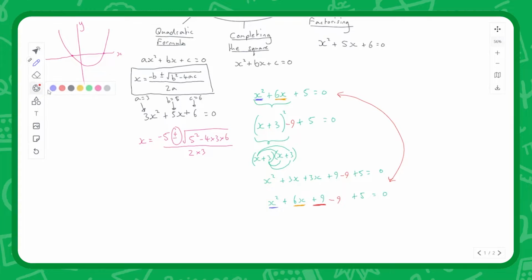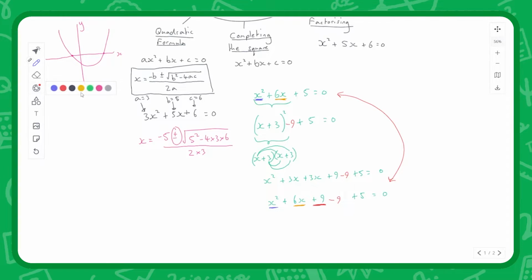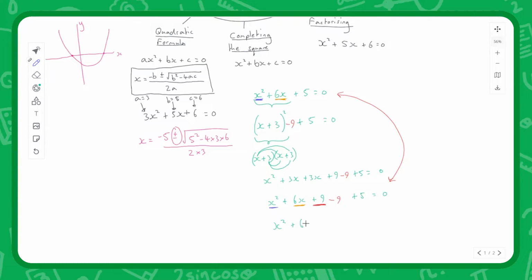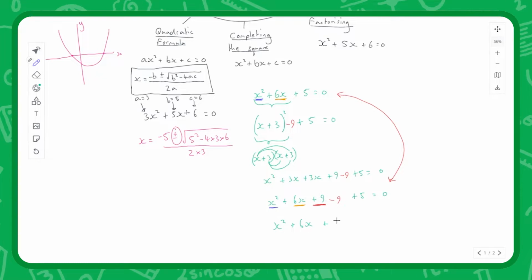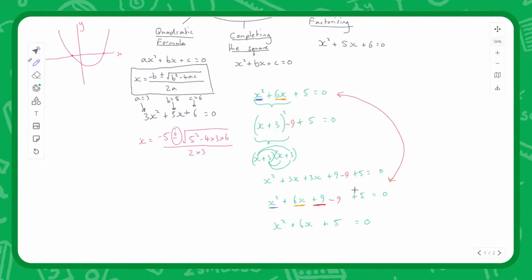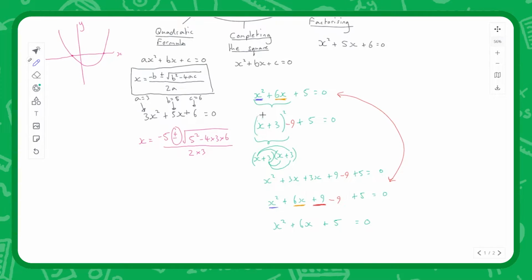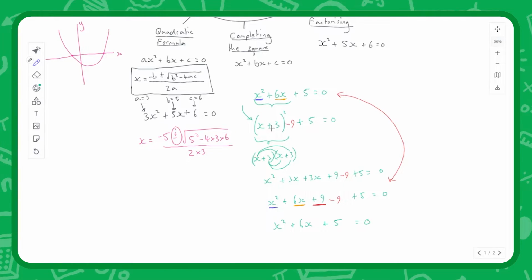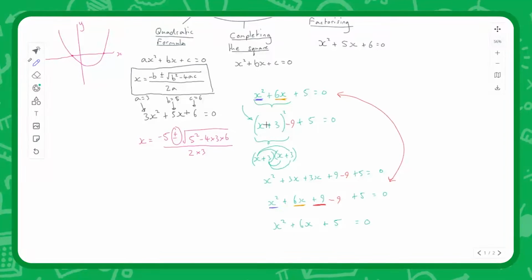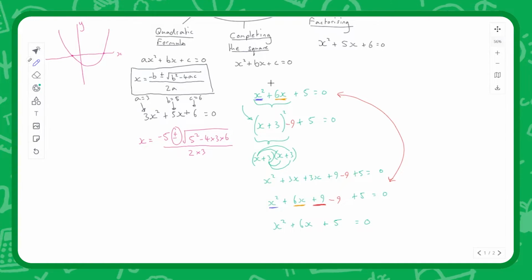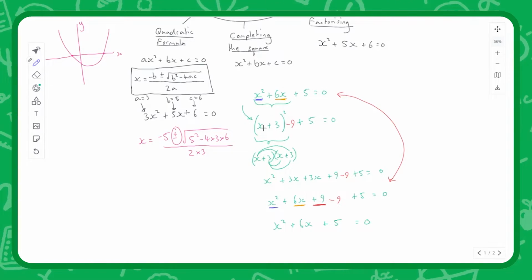And we can then simplify this because those 9s will then cancel, and we end up with x squared plus 6x plus 5 equals 0. So what we can see is this new equation is the completed square version of the above original quadratic equation.